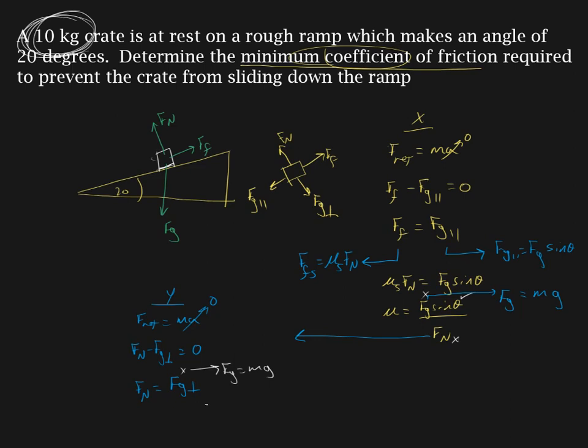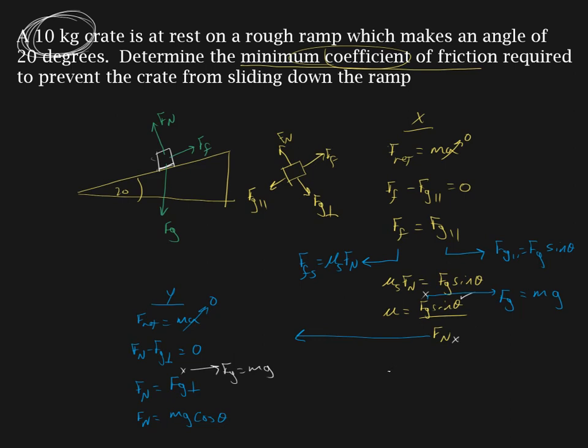And in addition, we know the perpendicular component is going to end up coming from the cosine of theta. So we rewrite our normal force function as mg, substituting mg for Fg, and then to get the perpendicular component, I write cosine of theta. So that goes back in for the normal force.